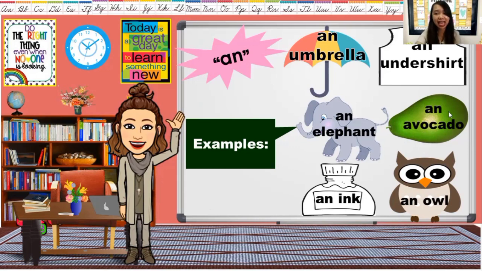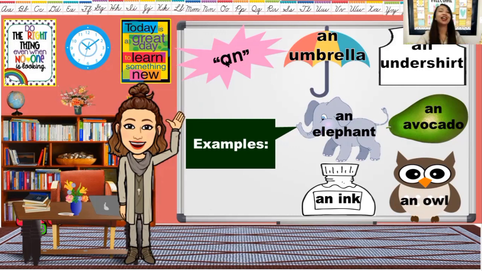That's why we use an. An ink, ink starts with I. An owl, owl starts with O, which is also a vowel letter. Okay, so again, if a noun starts with vowel letters, we are going to use an.